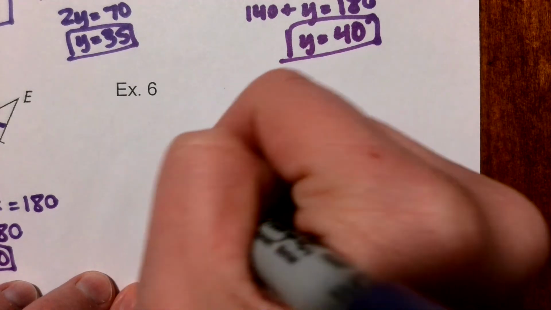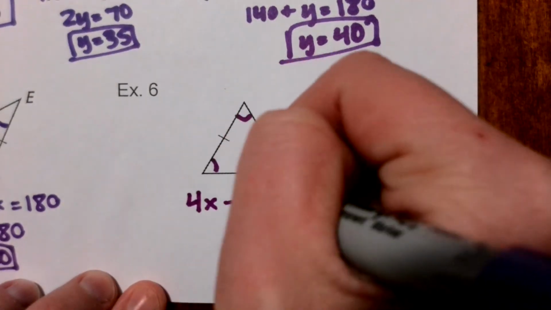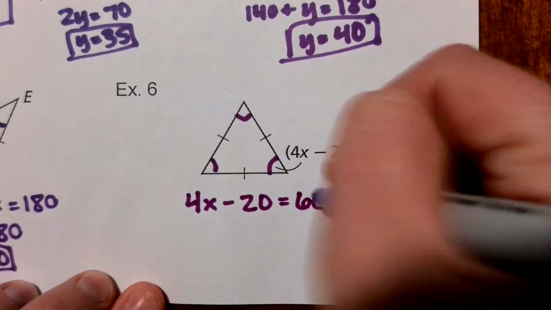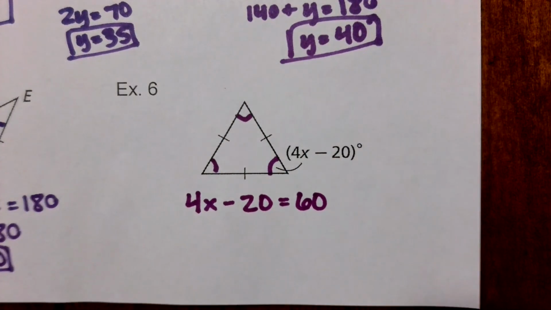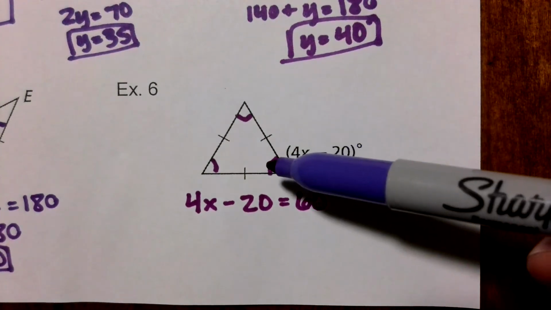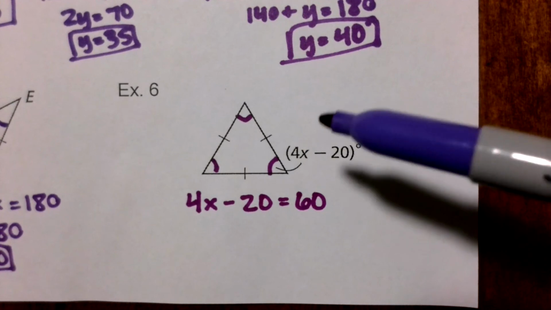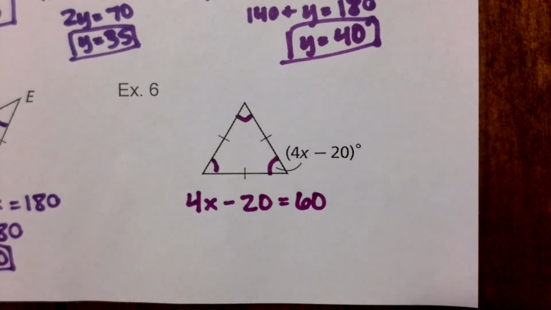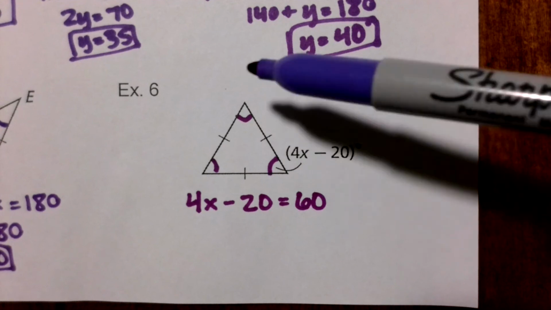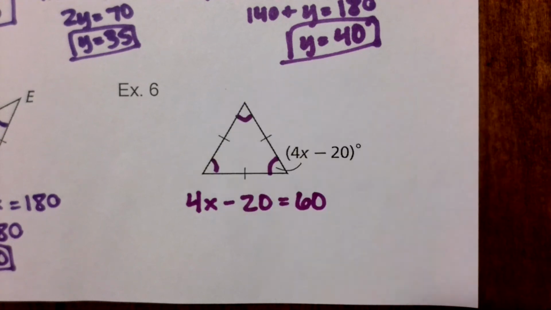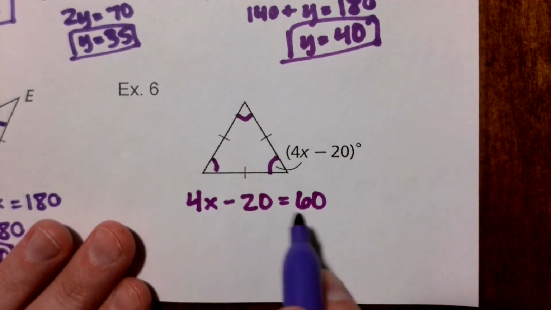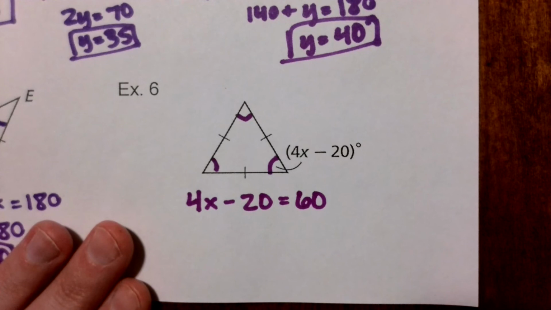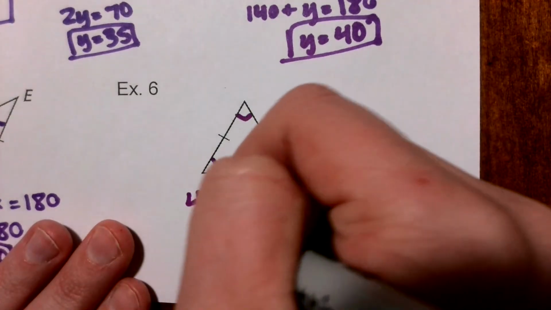So my 4x minus 20 equals 60. If you thought to do 3 times 4x minus 20 equals 180, that works as well. Or your 4x minus 20 plus 4x minus 20 plus 4x minus 20 does equal 180, and that will work the same way. It's just here we've already divided both sides by 3, really, so we found that that one angle is 60.